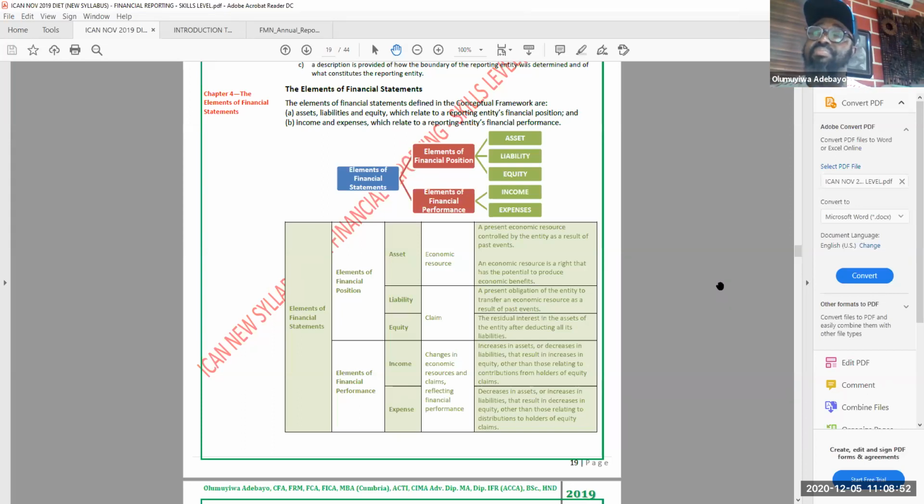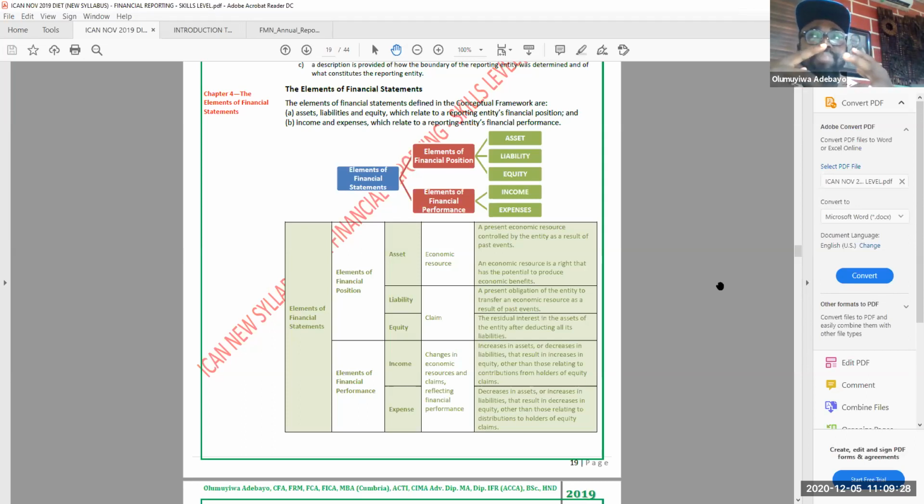But the other one is a claim over what is left, which you call net asset, which means net asset means you have already settled all of the liability. What is left is residual, which belongs to the equity holder. That is why we define liability as a present obligation of the entity to transfer economic resources as a result of past events, which means asset brings about inflow of economic resources.